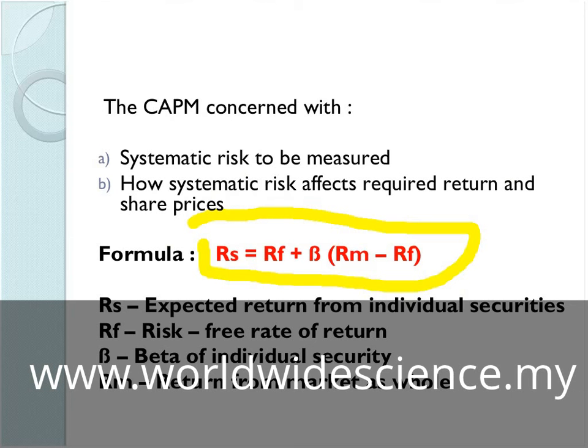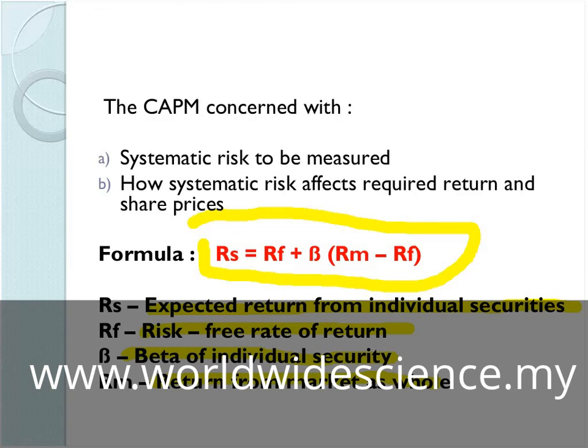RS is the expected return from an individual security, and an individual security is a share. RF is the risk-free rate of return. B is the beta of the individual security, which is the risk of that security. And RM is the return from the market as a whole, the average market return.